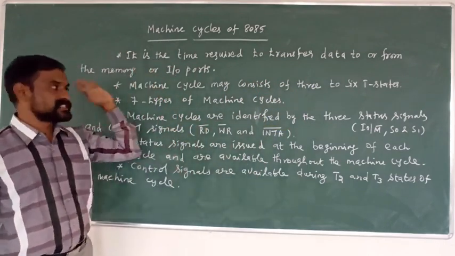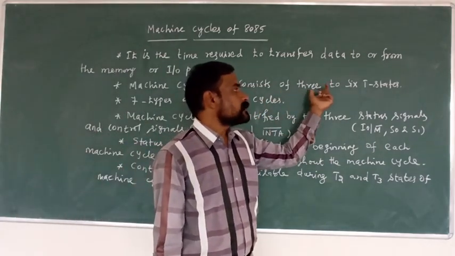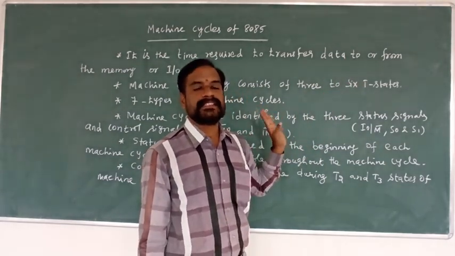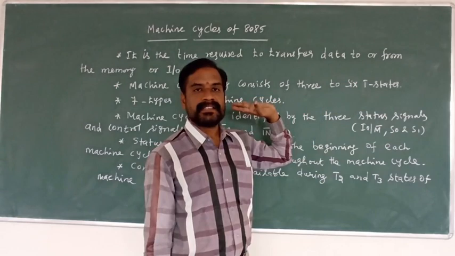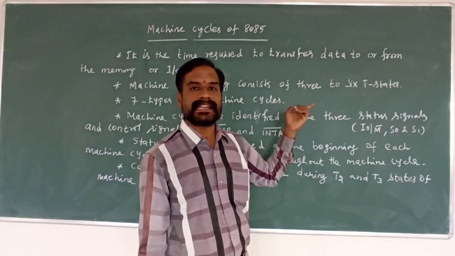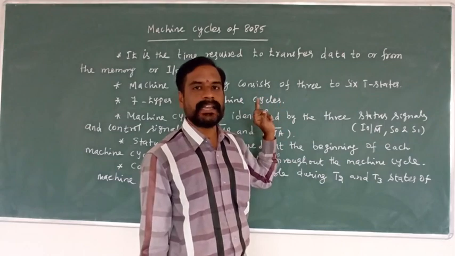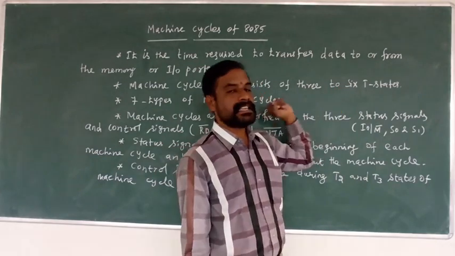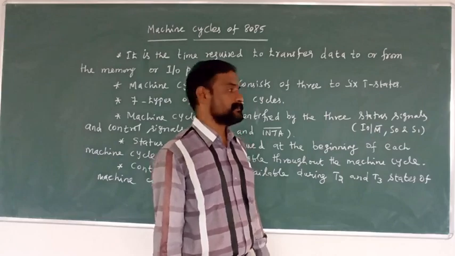This is called a machine cycle. 3 to 6 T states are required for each machine cycle: minimum 3 T states for 8-bit data and 8-bit address, and maximum 6 T states for opcode related to 16-bit.